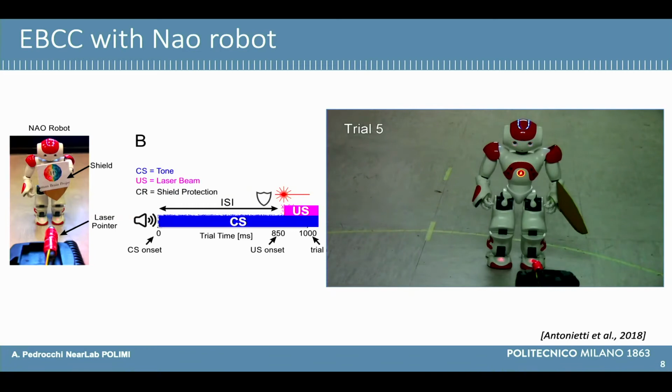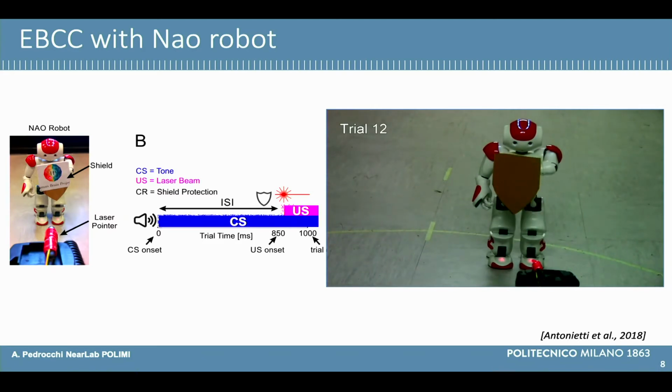And what Nao needs to learn is the association between the two in order to give a conditioned response, which is to move the shield and protect himself from the laser. And you will see that after a few trials, exactly as the cerebellum, we need trials and repetition to learn. Now it has learned to activate the shielding action.